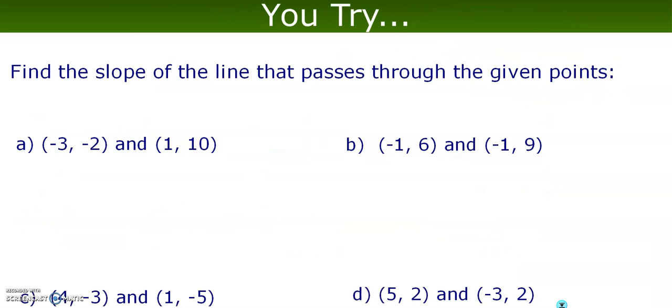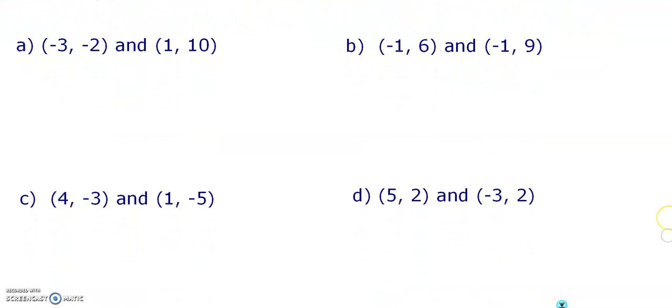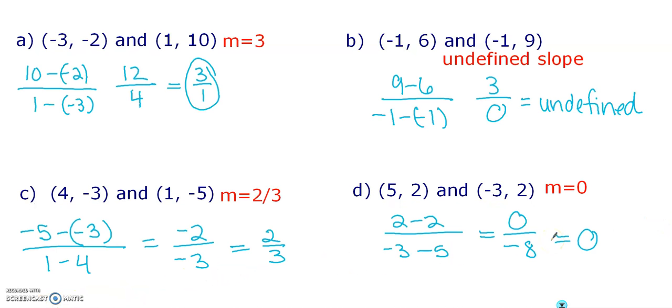Great job. All right, I'd like you to go ahead and find the slope of the given points. So this is just practice of slope. So we'll pause the video, calculate, and we'll check back in just a minute. Take a look at your answers. For letter A, our slope is 3 over 1, or 3. For letter B, this is undefined.